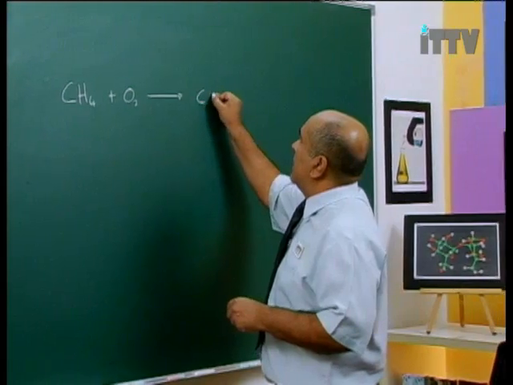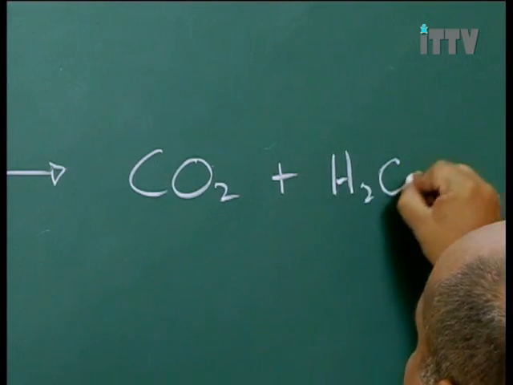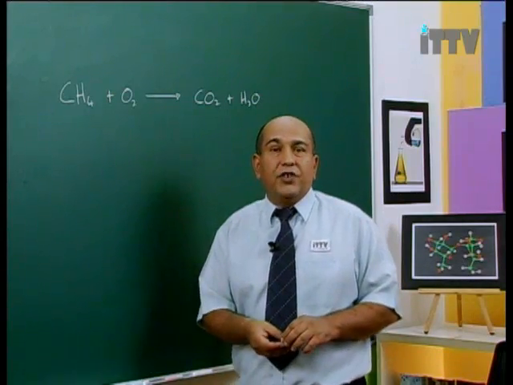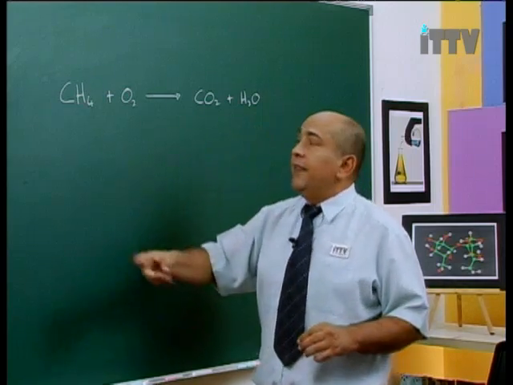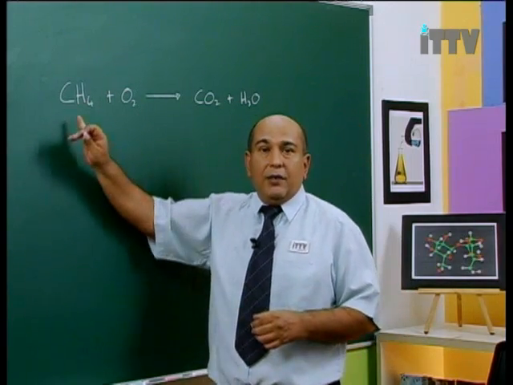So we get our carbon dioxide plus our water. Now, remember, when you're balancing equations, always go from compounds to compounds first and then deal with the molecules later. So let's start with this.